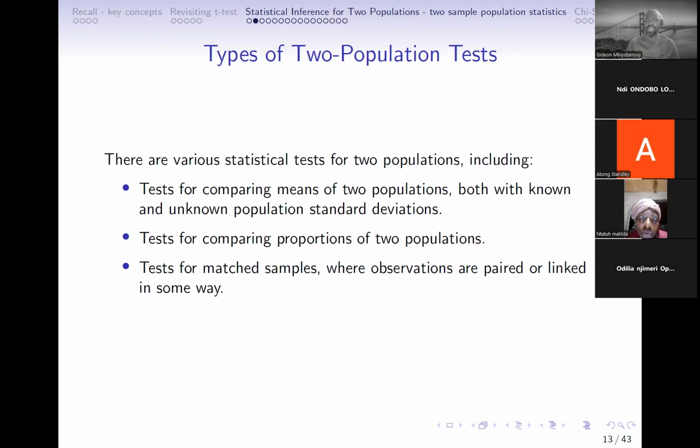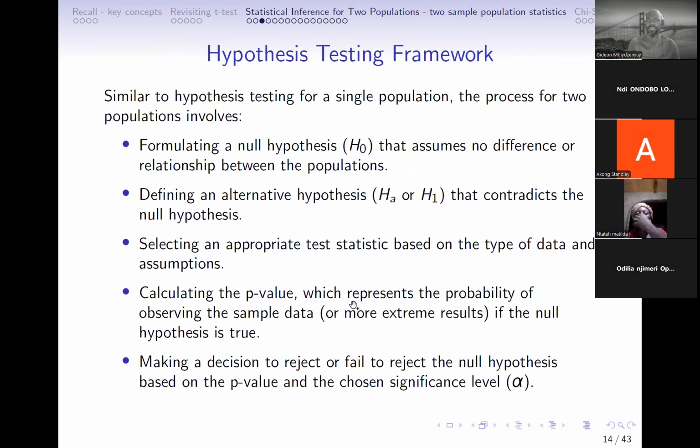So this is about whether they're independent or not. In addition to what we've discussed, we will be asking whether we have a matched sample or an independent sample. This will also affect how we do the statistics on two populations.